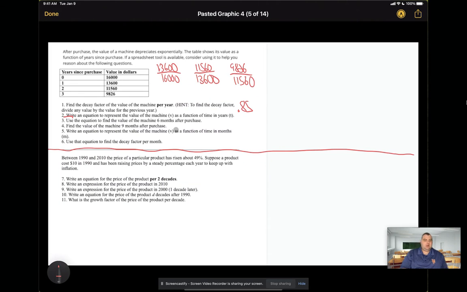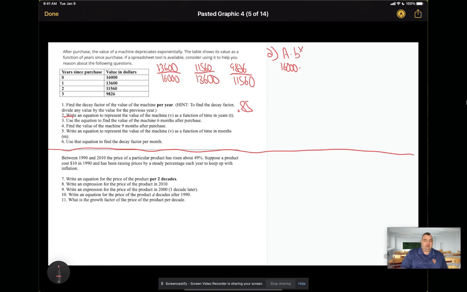All right. Number 2, write an equation to represent the value of the machine V as a function of time in years T. So number 2, I'm going to actually do that one up here. Again, I'm going to use my exponential, in this case, decay formula. So my initial value, the initial value of the machine is 16,000.